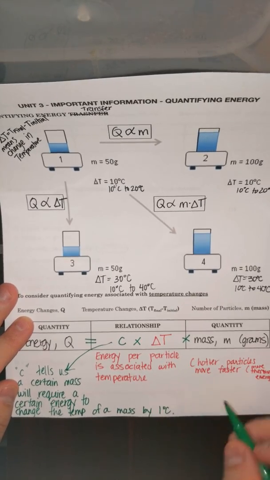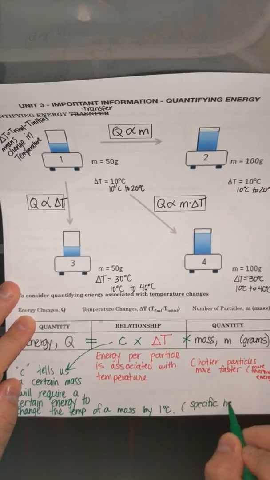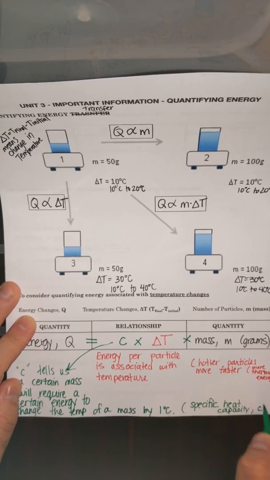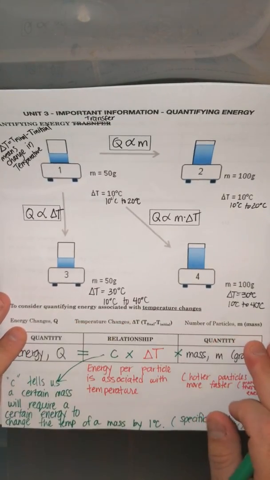This has a special term. This is known as the specific heat capacity, C. Okay? So, why did I put this here?